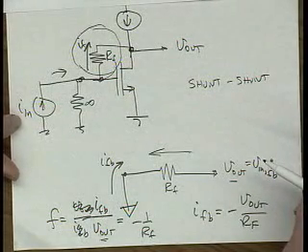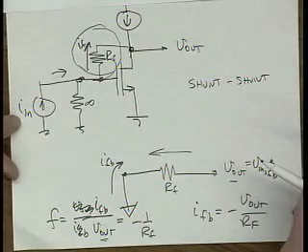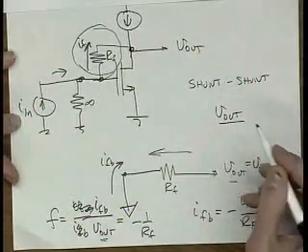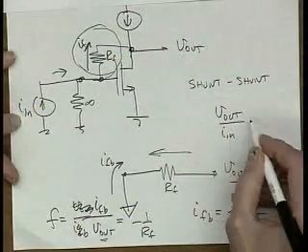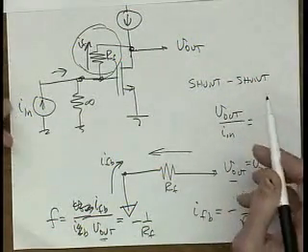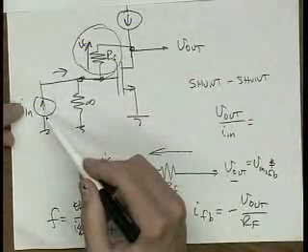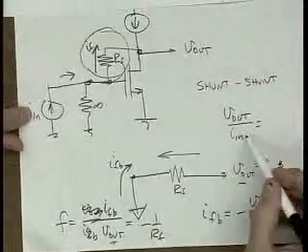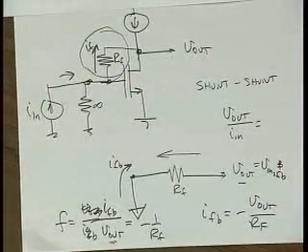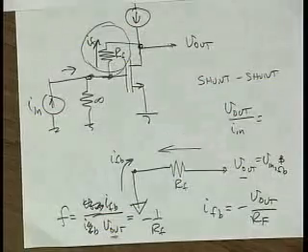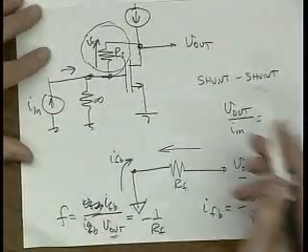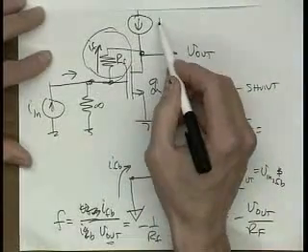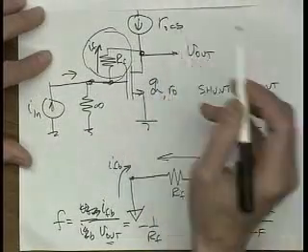Now, what's V out over I in? So I give you this circuit, V out over I in, and let's say this has a lot of gain. What is V out over I in equal to? You tell me. Let's say this is transistor gm, output resistance R0, a current source.